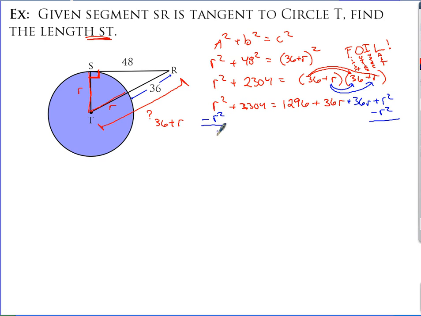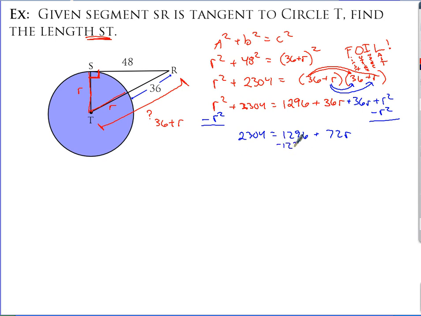And so we're left with 0 here, and then we have 2304, 1296, 36R and 36R. We're combining like terms, so we can put those together. How many R's do we have? 72R. Okay, a couple more steps. What do I do to get R by itself?